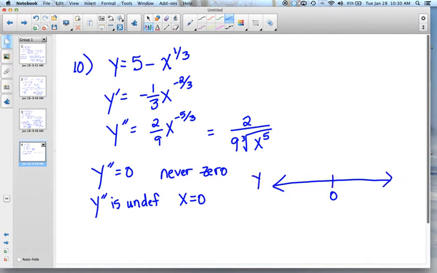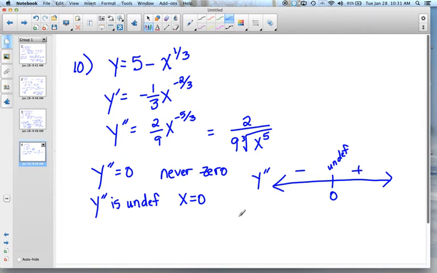So we have y double prime, and we know it's undefined here, but I have to see what's happening on either side. So if I plug in a negative value right into here, you can take the cube root of something negative, all right? It's not a problem. So we're going to end up with a negative on that side. And if I plug in a positive value for x, then I'm going to get a positive value.